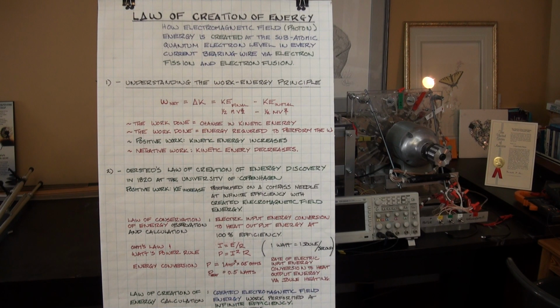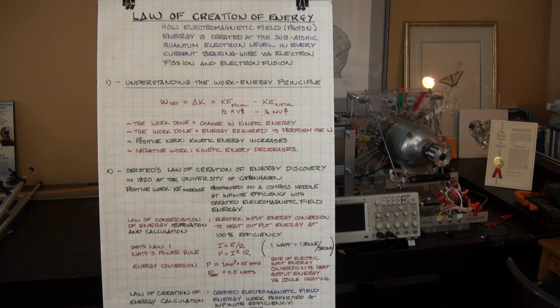Now, in 1820, what observers of Ørsted's discovery should have asked him is, hey, Hans, what's the energy source that you're using to change the kinetic energy of the compass needle?